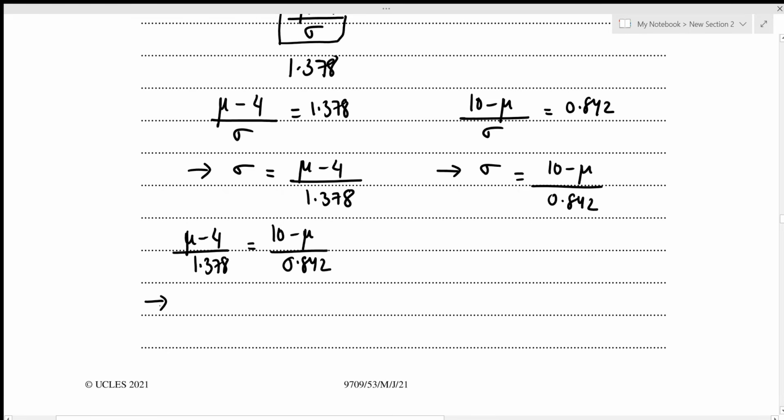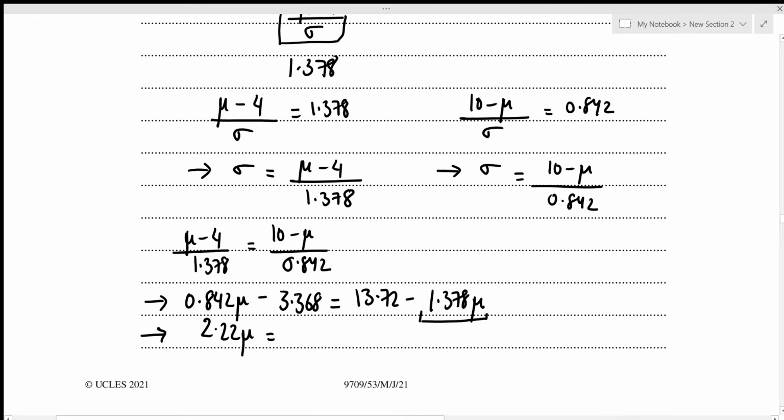So cross multiplying it, we receive 0.842 mu minus 4 into 0.842, which is 3.368. Then we have 10 into 1.378, that's going to be 13.78 minus 1.378 mu. So if we bring this term of mu to this side, that's going to be 1.378 plus 0.842, which is 2.22 mu.